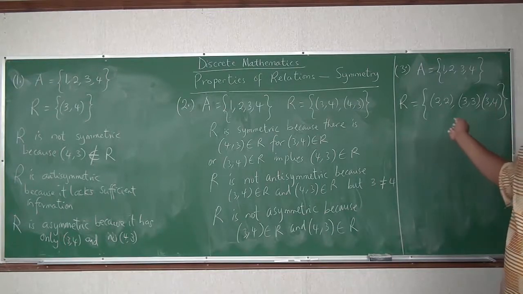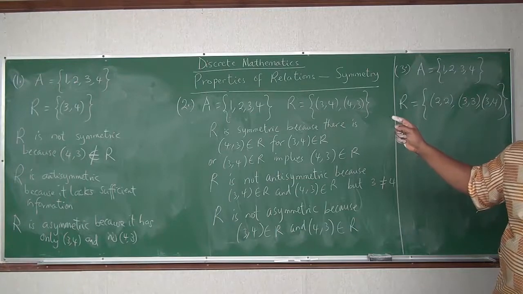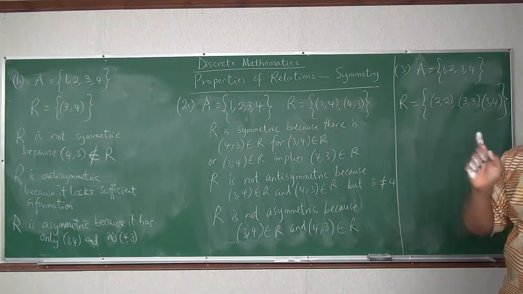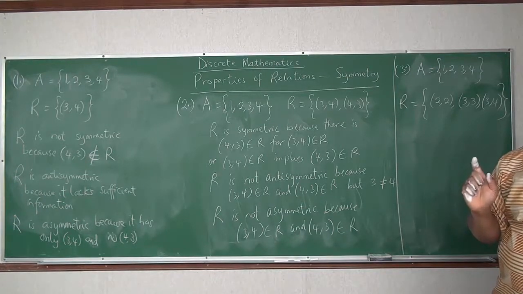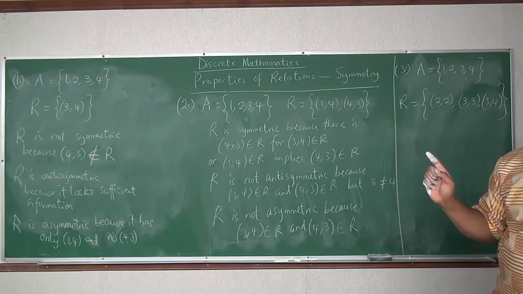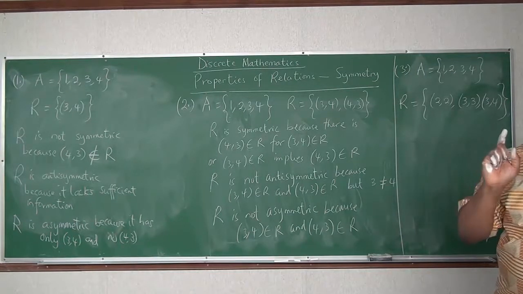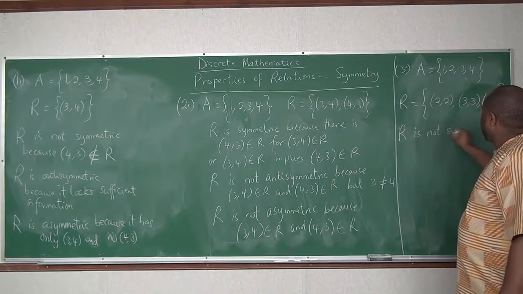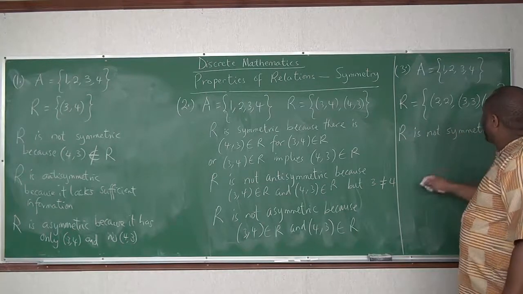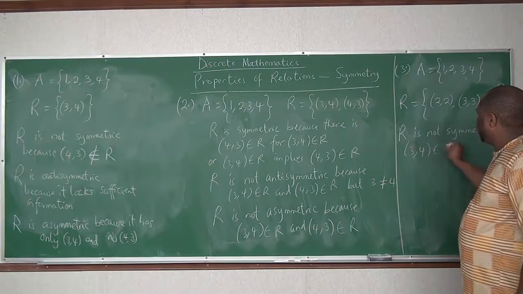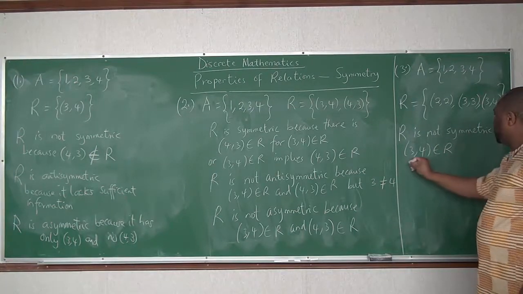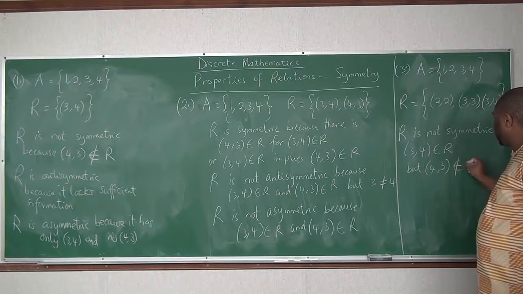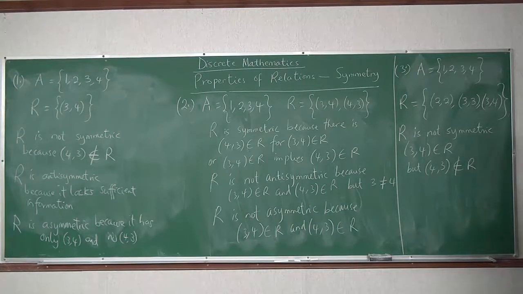But because you have 3, 4 and you don't have 4, 3, therefore it is not symmetric. So we say that R is not symmetric. Why? 3, 4 is an element of the relation, but 4, 3 is not an element of the relation. So it is not symmetric.